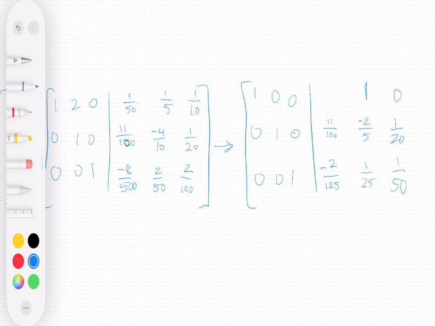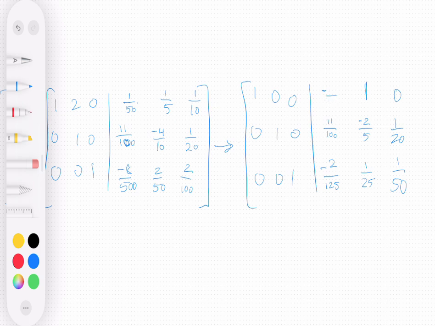And if we do 1 over 50, which is 2 over 100, minus 2 of 11 over 100, that'll be 2 minus 22 over 100, which gives us negative 20 over 100, which is just negative 1 over 5.